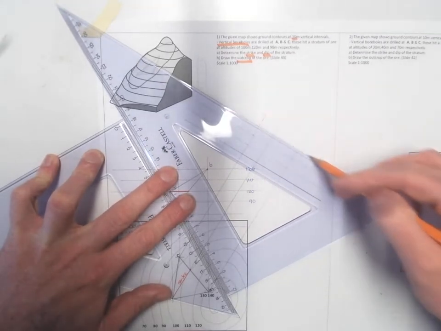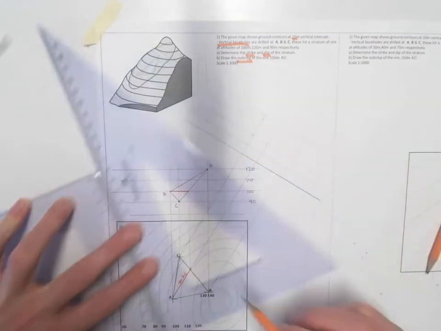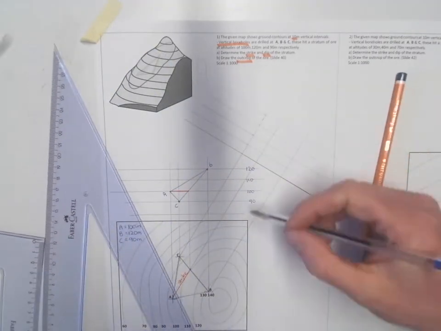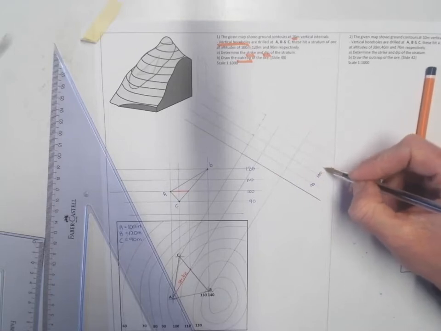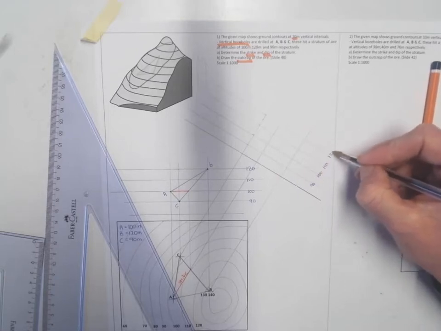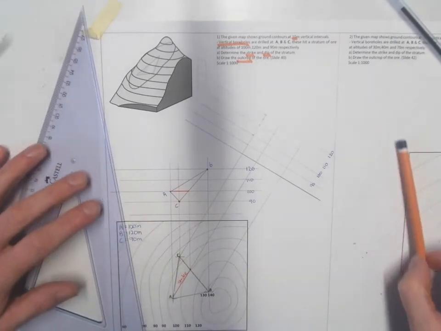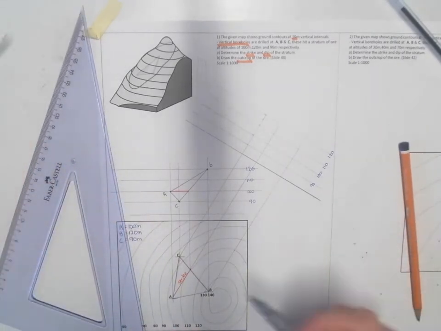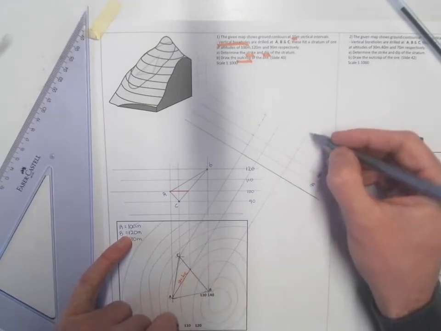By looking along the strike, you will see the plane as an edge view. I'll label these again: 90, 100, 110, and 120. So again, from the question, we know B is at 120.